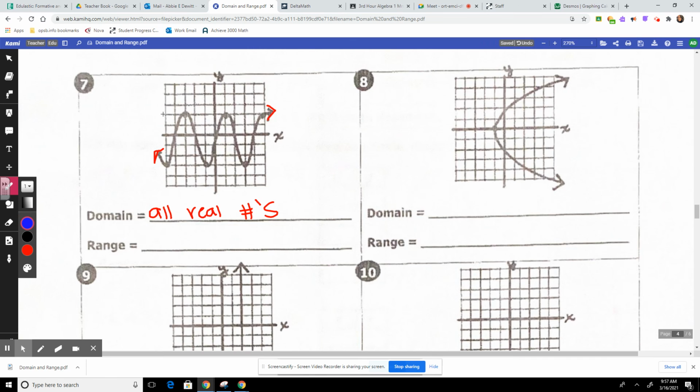But if I look up and down, my line stops here and my line stops here, where y is positive 2 and negative 3. So my range lies between negative 3 and positive 2.